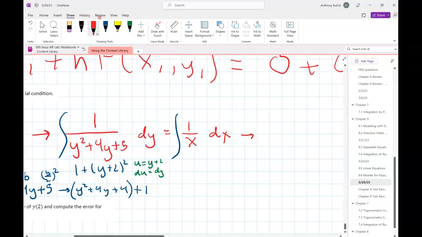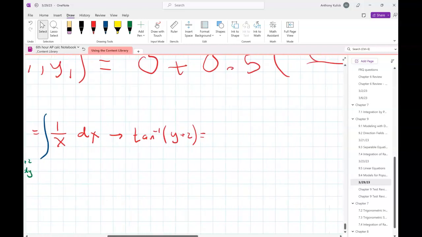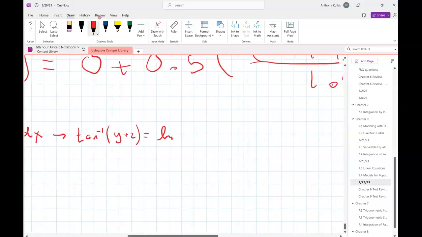So then the tan inverse of y plus 2 equals the natural log of x plus c. And my initial condition was 1 comma negative 1, I believe, right?